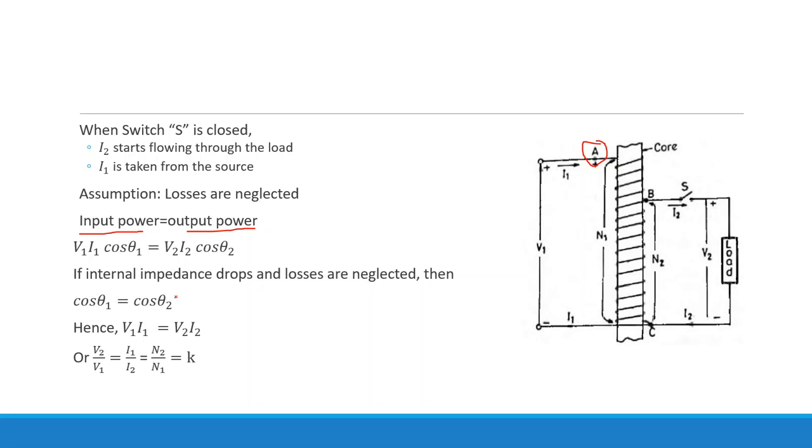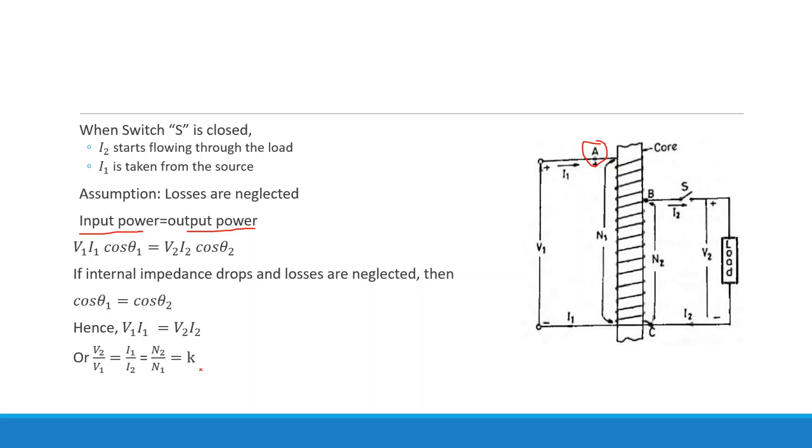So we can conclude that the volt ampere on primary equals the volt ampere on secondary, that is V1 I1 equals V2 I2. From this equation, V2 upon V1 equals I1 upon I2 equals N2 upon N1 equals K.